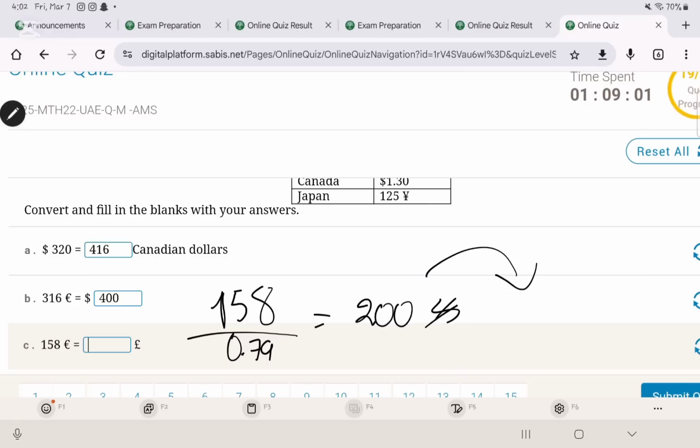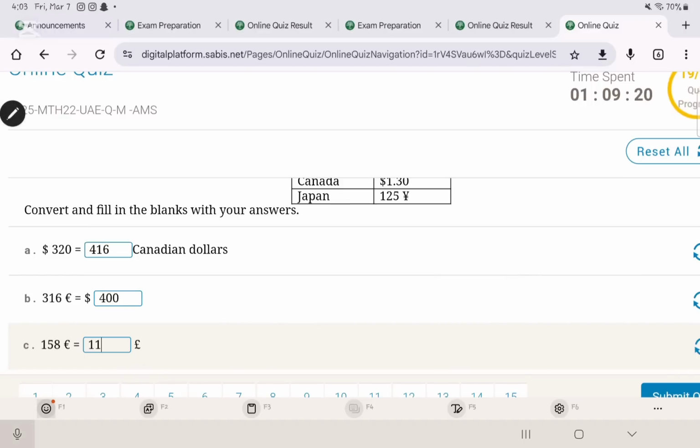Now that you have the dollars, you can change it into British pounds. To change from dollars into a different currency, you multiply by its value in dollars. So times 0.59, you will get $200 to be 118 pounds.